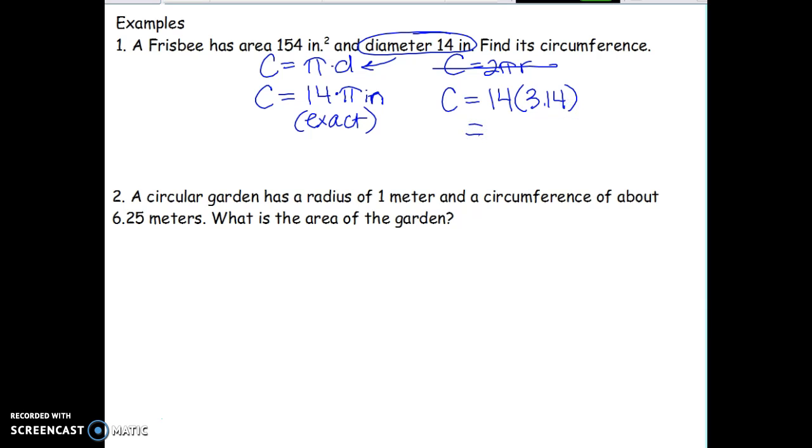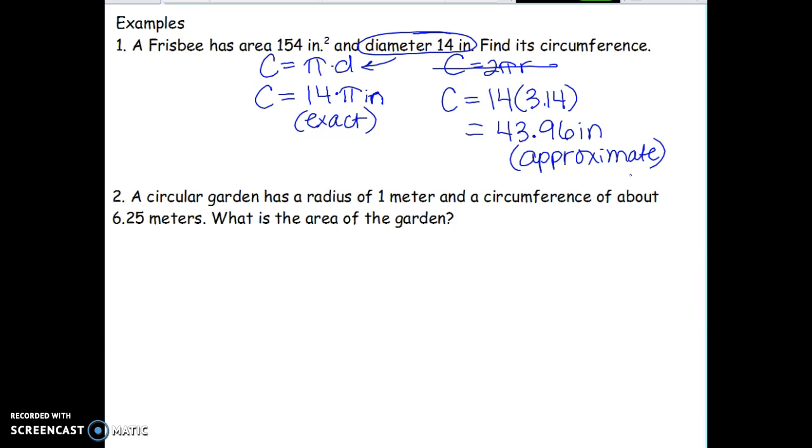So if we take 3.14 times 14, we get 43.96 inches. So this would be an approximate circumference.